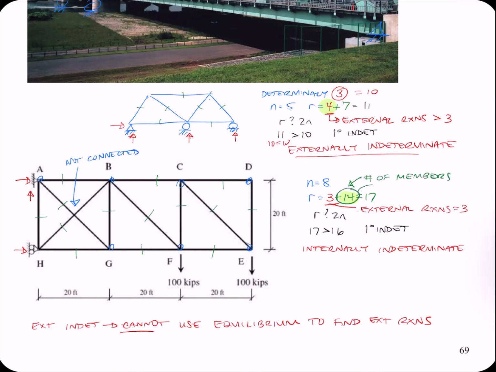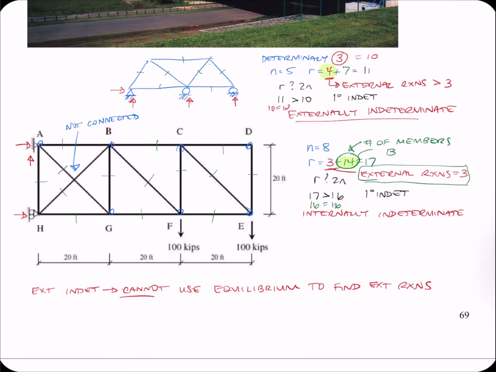So I'm going to want to drop that down to 13 to make this 16 equal to 16. So when it's internally indeterminate, meaning my external reactions are equal to 3, I'm going to have to remove a member, put a unit force back in its place, and calculate some deflections. So the overall steps are the same. The only change is what I'm going to take off.